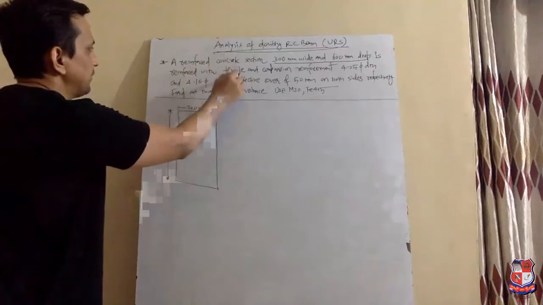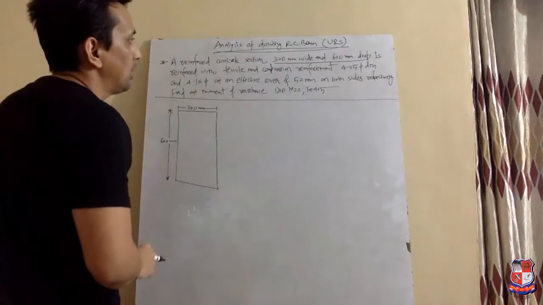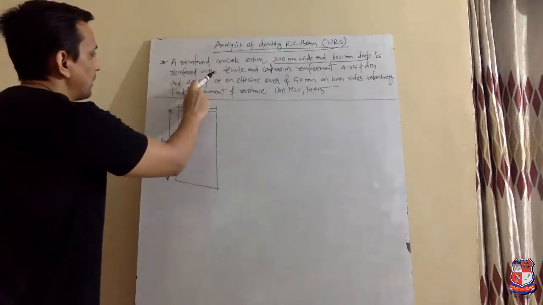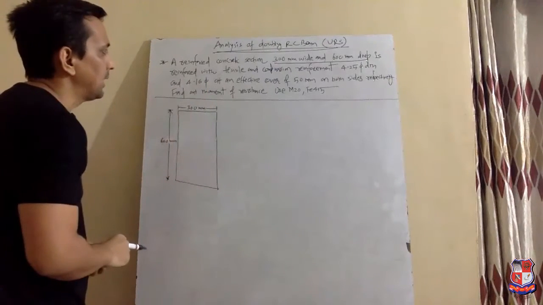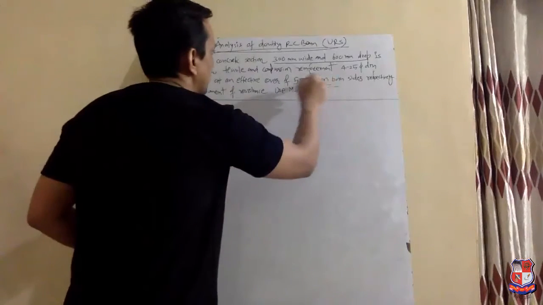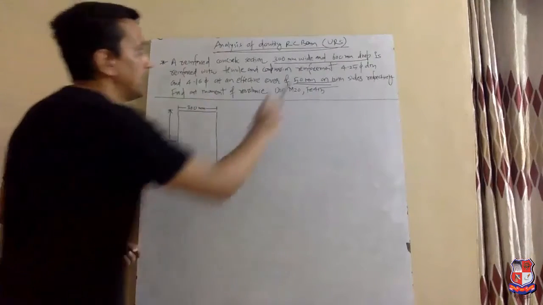It is reinforced with tensile and compression reinforcement, 4 number 25 mm dia and 4 number 16 mm dia, at an effective cover 50 mm on both sides. It means effective cover on both sides is 50 mm respectively.